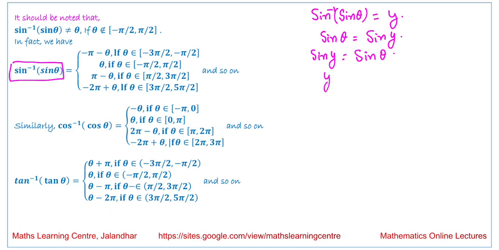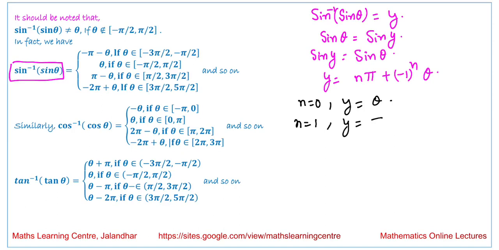This gives us y is equal to n pi plus minus 1 raised to the power n times theta. If we substitute n is equal to 0, we get y is equal to theta. When we substitute n is equal to 1, we get y is equal to pi minus theta. When we substitute n is equal to 2, we get y is equal to 2 pi plus theta.